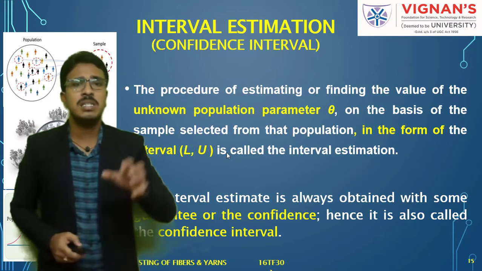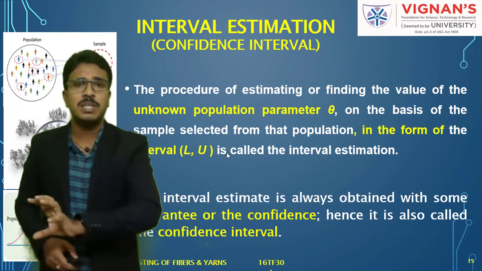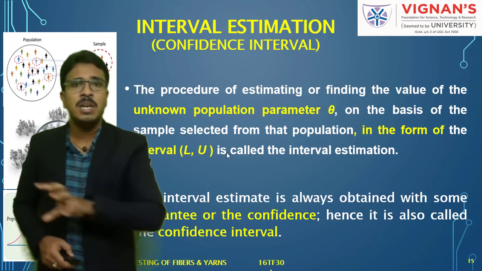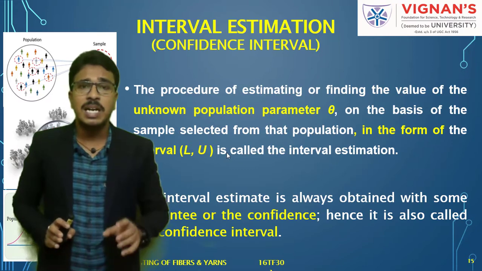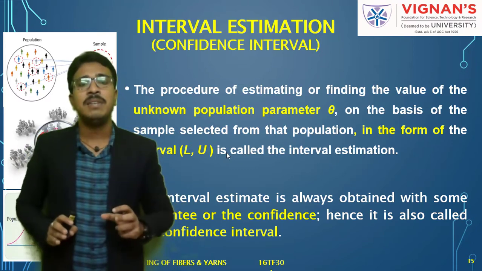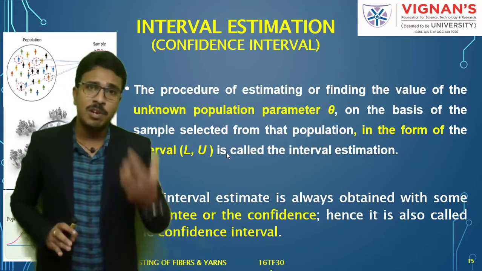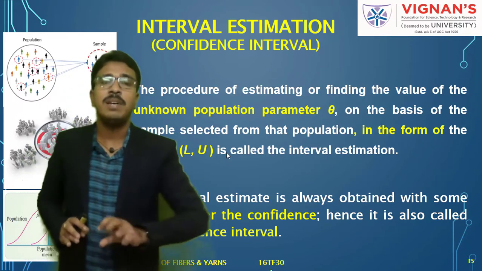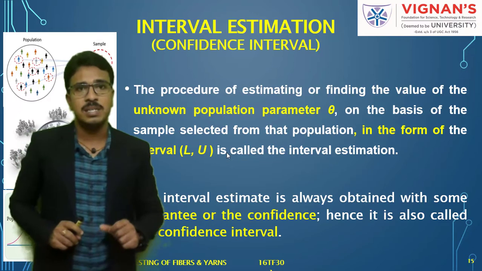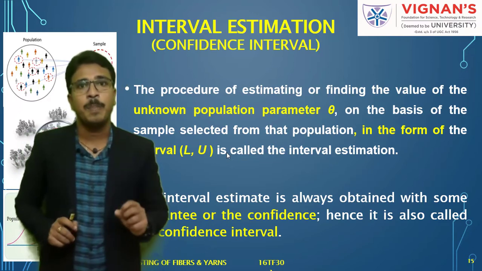That means the values of the population lie in between these two values. That kind of guarantee, or that kind of confidence, we are stating. That's why this interval estimation is also called a confidence interval.